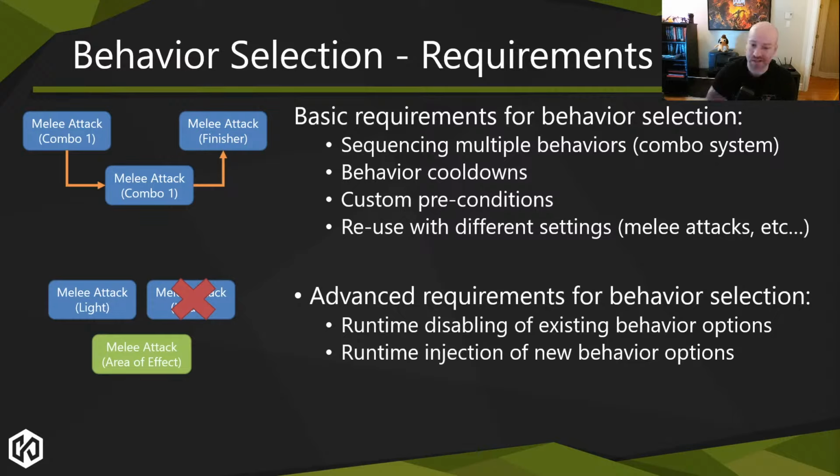So I need to be able to disable the heavy attack, and I want to inject a new behavior into that archetype without redoing the archetype, without duplicating and deriving and inserting. I want to be able, at runtime, to take any archetype, spawn them in, and say, I want your heavy attack disabled, and I want you to do this other attack instead. Because it's a special case thing.